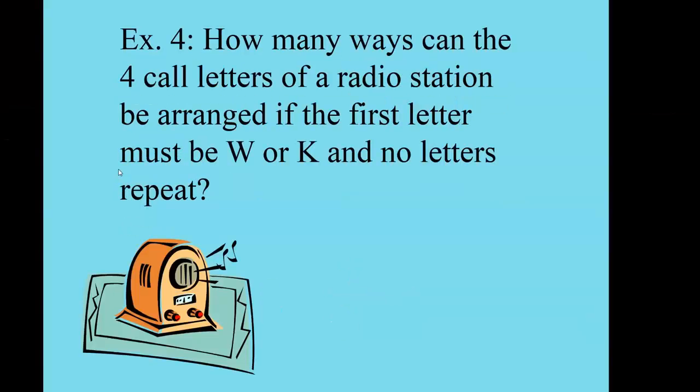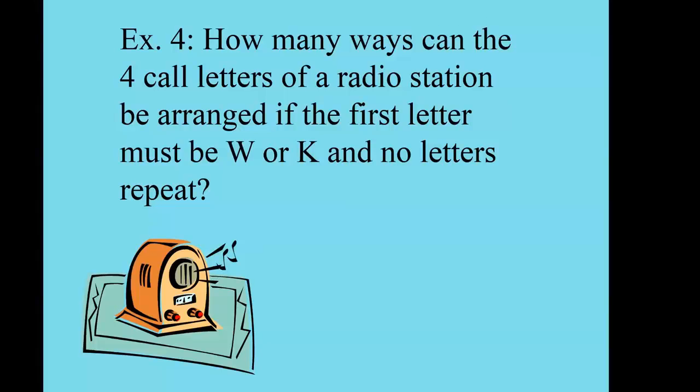All right, how many different ways can the 4 letters of a radio station be arranged if the first letter must be W or K and no letters repeat? Okay, so we have to think for a second, what type of problem are we looking at here? Does this sound more like a counting problem, a combination problem, or a permutation problem? Or maybe it's a hybrid, maybe it's both, more than one option. Can we break this up into stages?